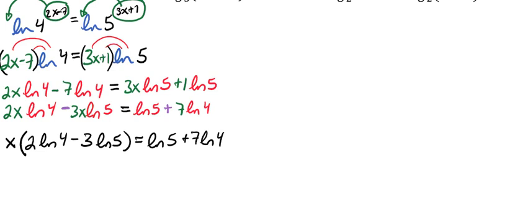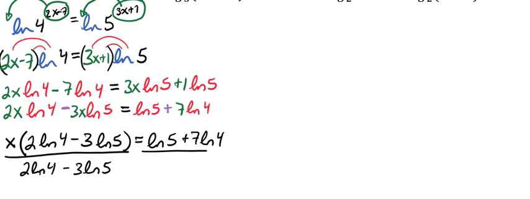Because I have x times this piece right here, I can divide both sides by that: 2 times the natural log of 4 minus 3 times the natural log of 5.